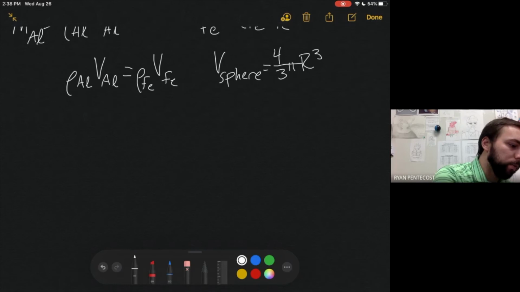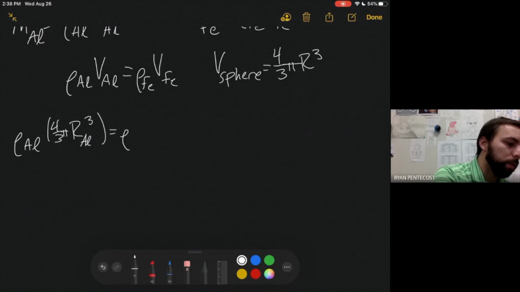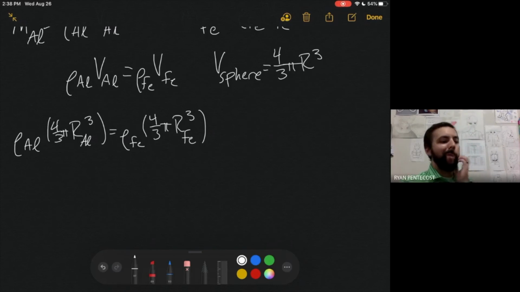So we will have rho aluminum times 4/3 pi, the radius of the aluminum ball cubed, and that will equal the density of the iron ball times 4/3 pi, the radius of the iron ball cubed. Now, there's a trick right off the bat.